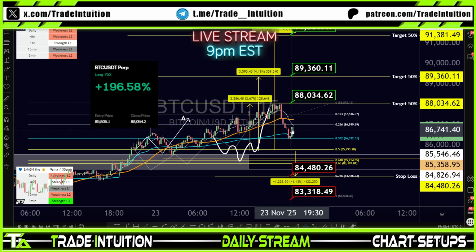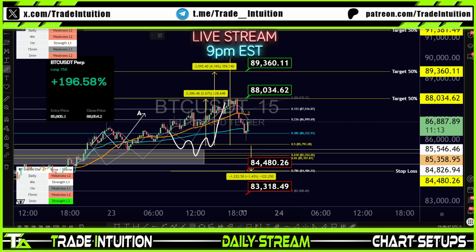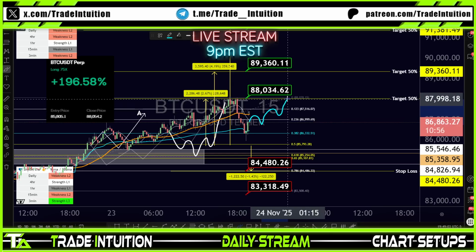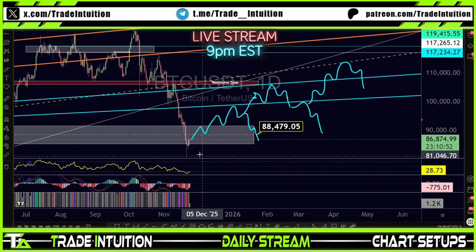So let's see, again, what I'm looking at are the pivot points. We could potentially come up here to the orange line, which is our 30 SMA, come down about 38, maybe 50% of this extension leg, to potentially come up, and then we continue going up, which again, this is the overall thought process.